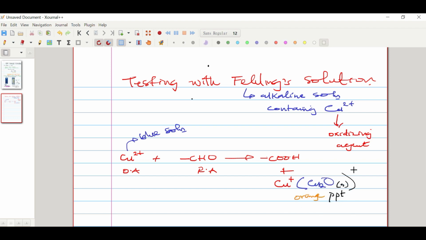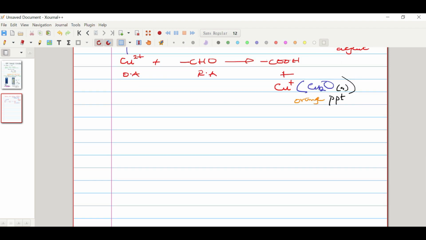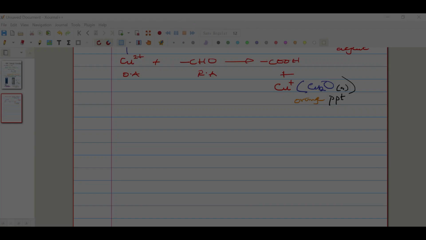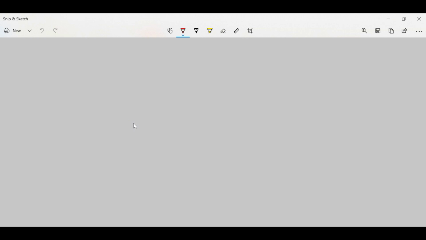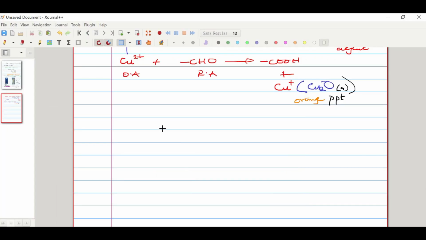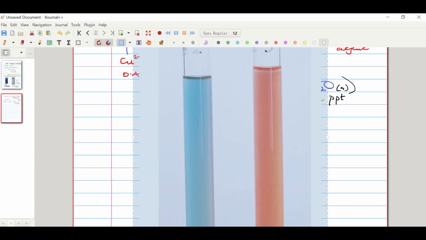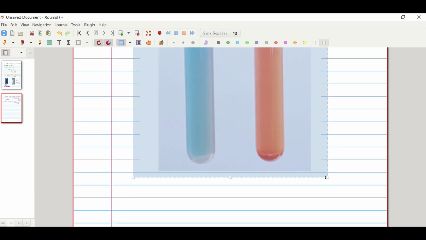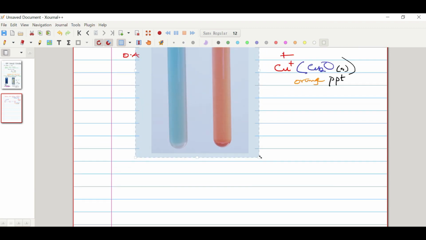So that is why you will have this kind of observation. This is what I want to paste here now. So that is the reason behind this color, the color we have here. That's the reason behind the color. Let's try and reduce the size.